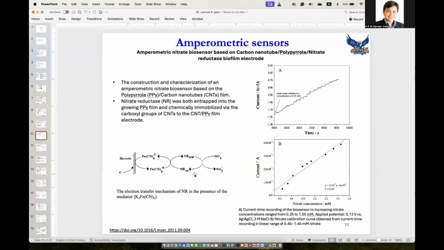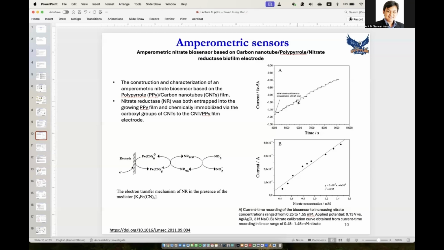So this is the electron transfer mechanism of this nitrate sensor using the nitrate reductase enzyme. In this figure, you see the typical amperometric response, a current versus time recording after successive additions of the same amount of nitrate solution.